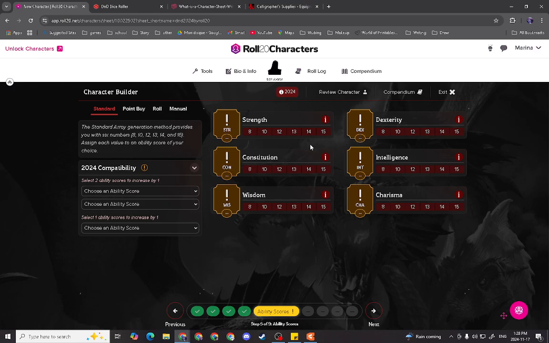So one of your things would be 17. I don't know why they don't allow you to go above 15 here, but you'd be able to pick one of these to put 17 on. And essentially you do that 6 times, and then you pick which one goes where. But you said that I want to have a high strength, right? Yes. So maybe put, I guess, 15 on strength. That would give you a modifier of +2.